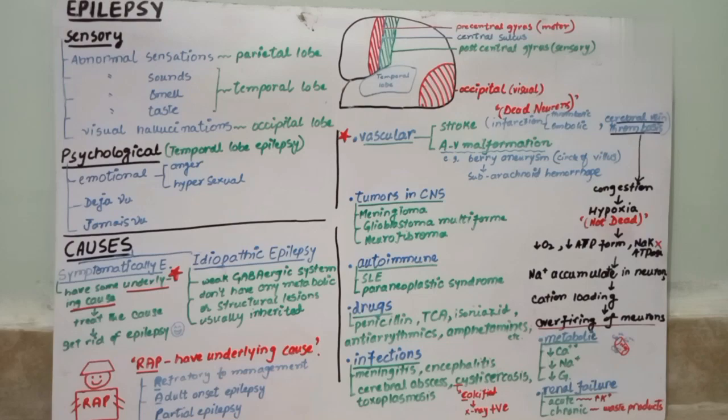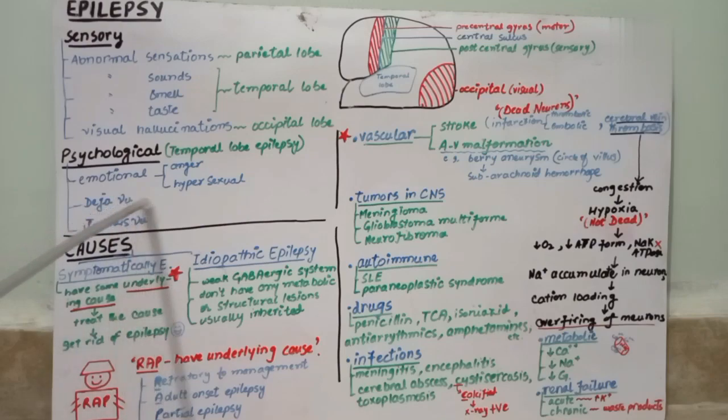What happens in temporal lobe epilepsy? These centers for reality and fantasy have their neurons abnormally firing, so that's why patients present with these features. What is deja vu? Deja vu is a phenomenon we name when a patient presents with undue familiarity, like for strangers he shows familiarity, and it's not normal, it's psychological.